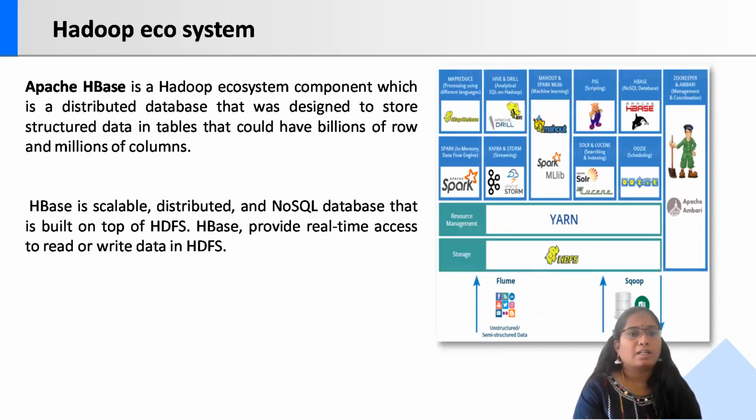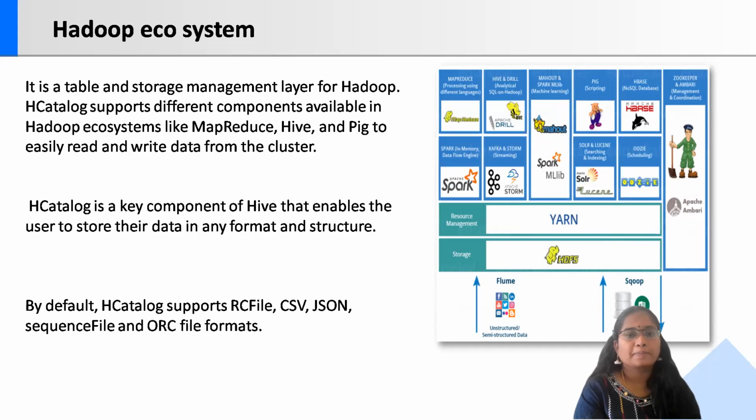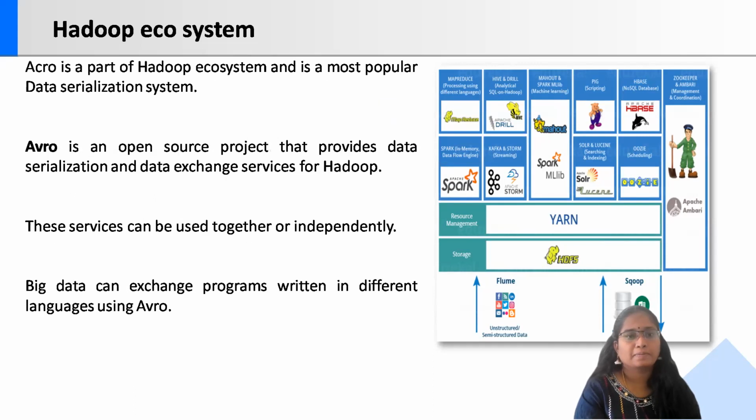And next, again, I can say that is HBase. That is a NoSQL-based database to provide real-time data in HDFS. Again, HCatalog, as I discussed already, handles CSV and JSON files. Avro, again, I talked about already, solves the data serialization problem.